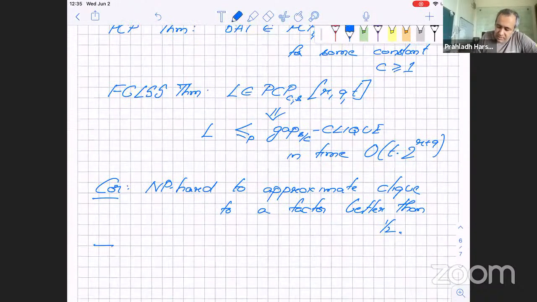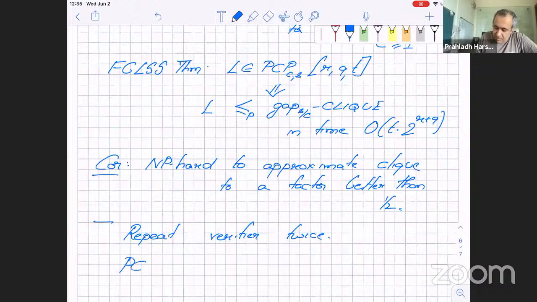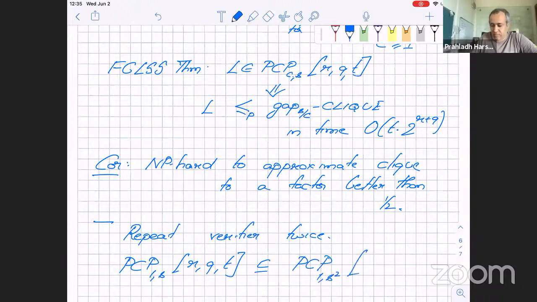Just do sequential repetition: if you repeat the verifier twice, you will get that PCP 1, S, R, Q, T is contained in PCP 1, S square. The soundness will fall, since both runs must accept, and R gets replaced by 2R, queries get replaced by 2Q, time gets replaced by 2T.